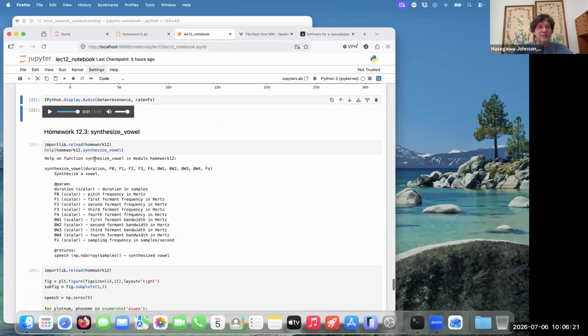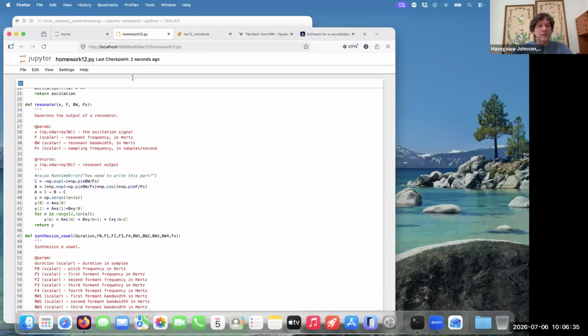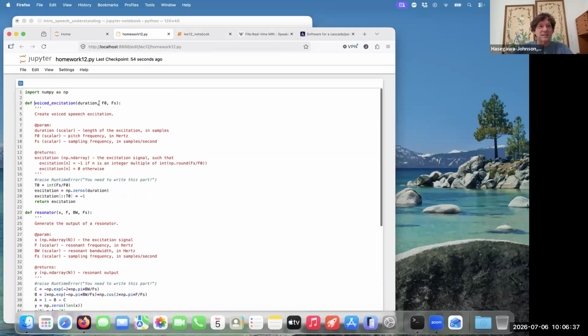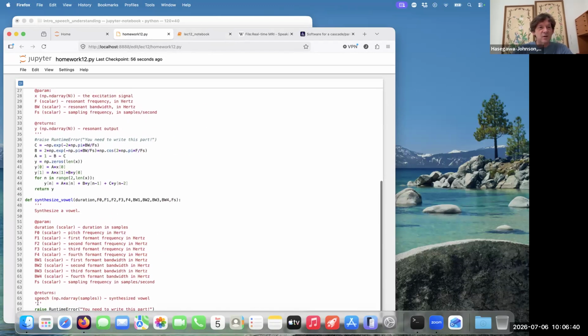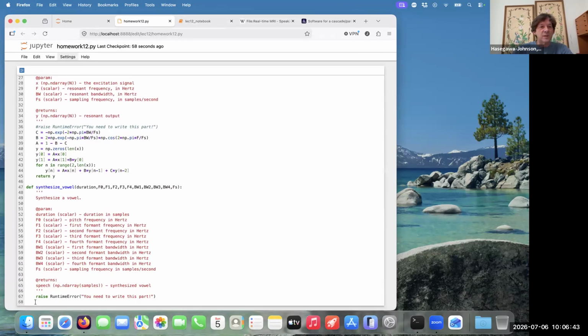And now finally, we want to synthesize a vowel. If we print out the doc string, we see that we have a duration, which is the duration in samples, and then we have F0, F1, F2, F3, F4, bandwidth 1, 2, 3, 4, and Fs. We'll put that together by taking the voiced excitation as our first function. Let's copy down here. We want to get rid of the runtime error. The excitation we get by passing into the voiced excitation the duration, F0 and Fs.